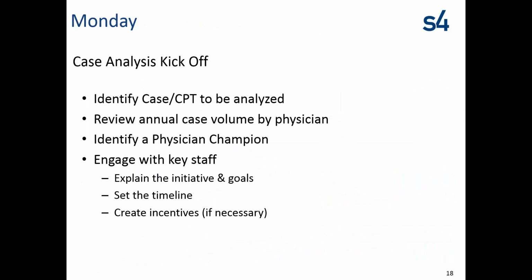We want to make sure that everyone is aligned, that there's a clear timeline as to when we're going to start and stop this activity, and maybe we want to create an incentive. We've seen terrific success where we have a big party for the staff at the end of the event, or even financial incentives, which I think are very appropriate. Next slide, please.